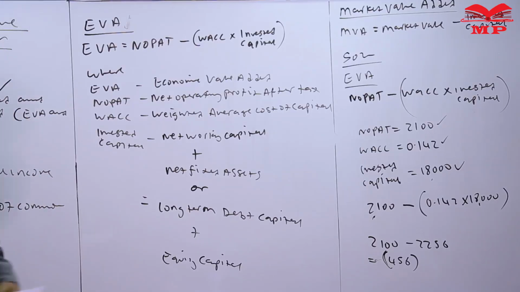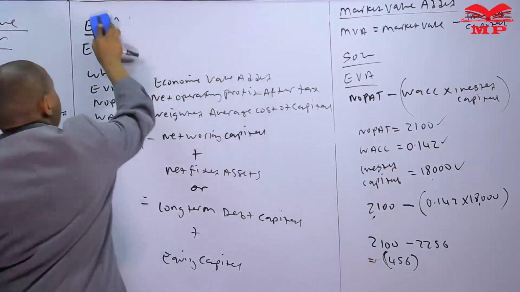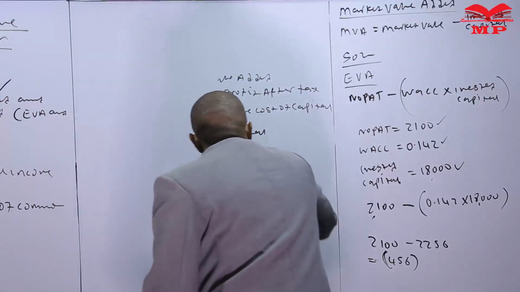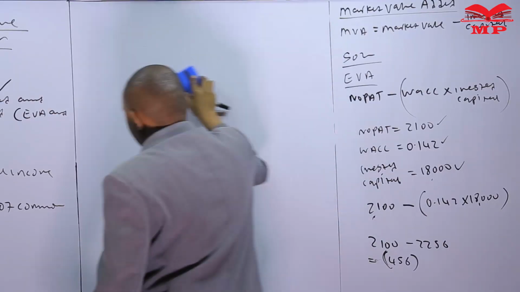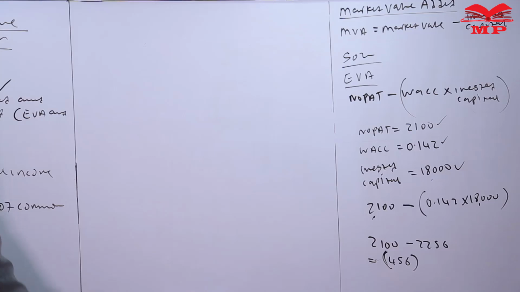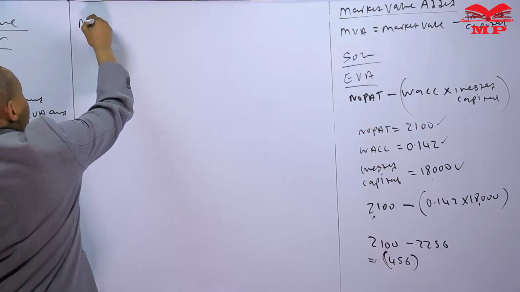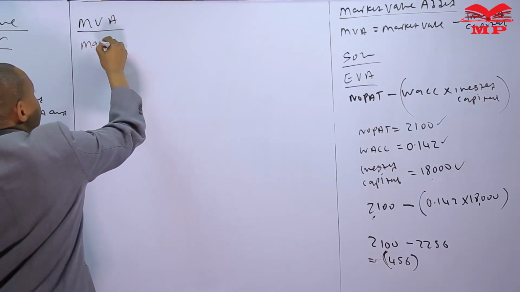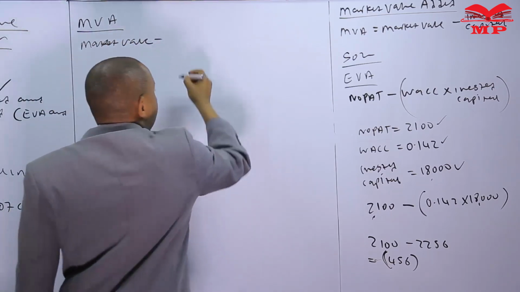Now, we look at the market value added. We said the MVA is the market value less the invested capital.